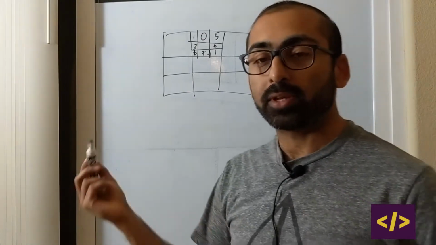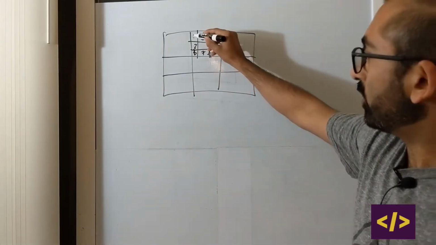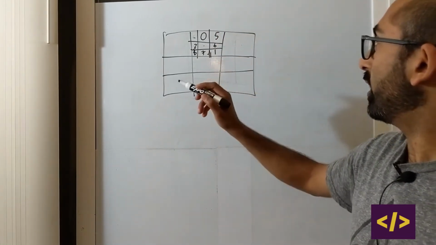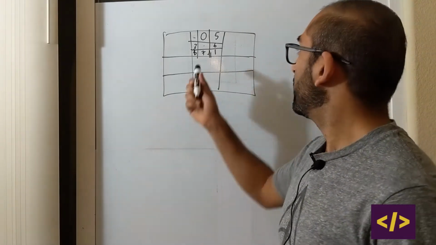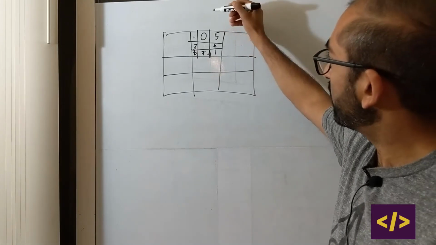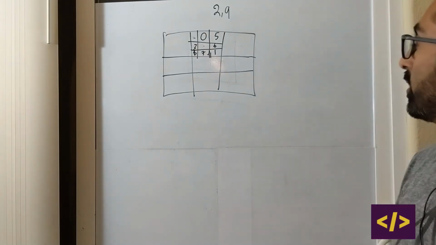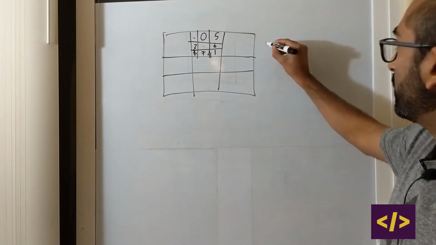You want to find out what you can put here and here. If you look at the grid, you can find out that in the smaller grid the two things that are missing are 2 and 9.